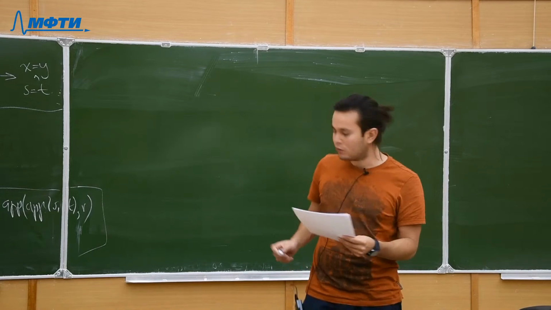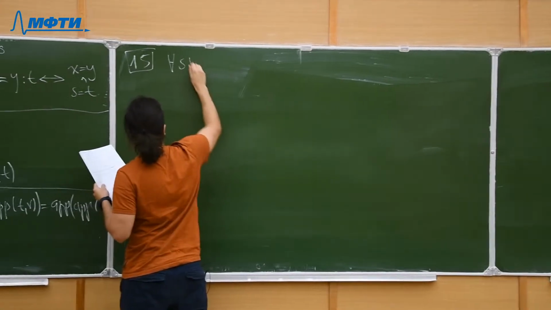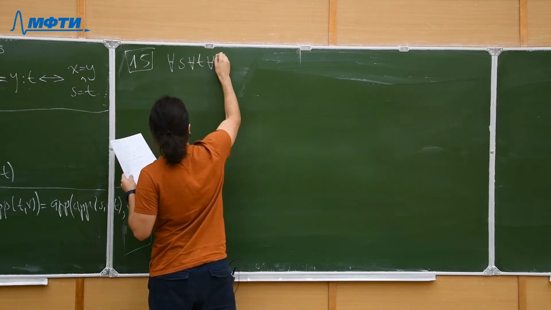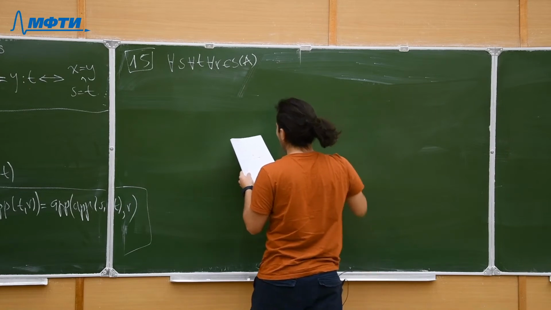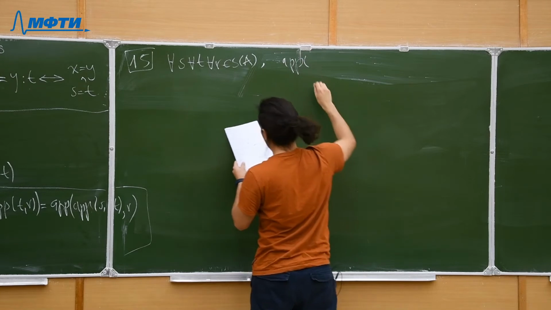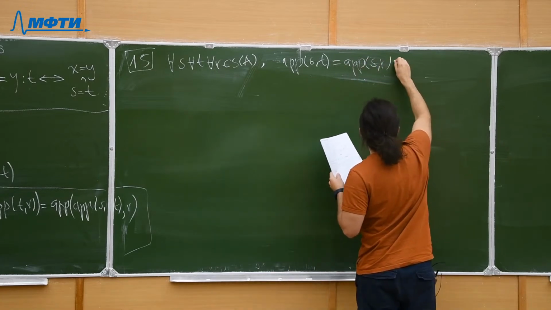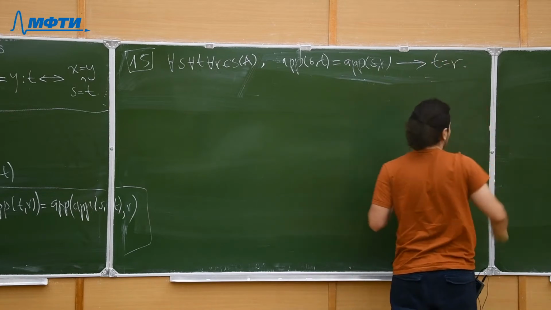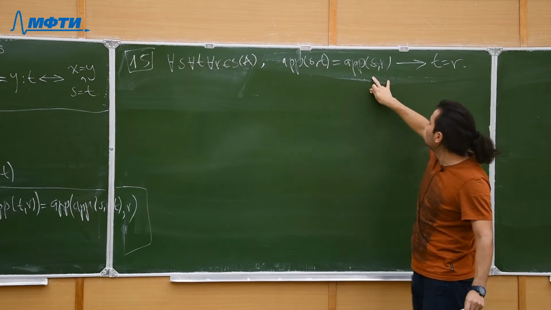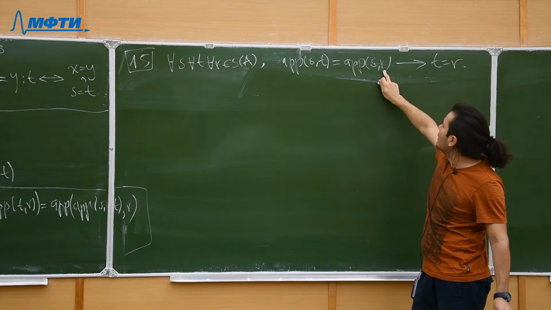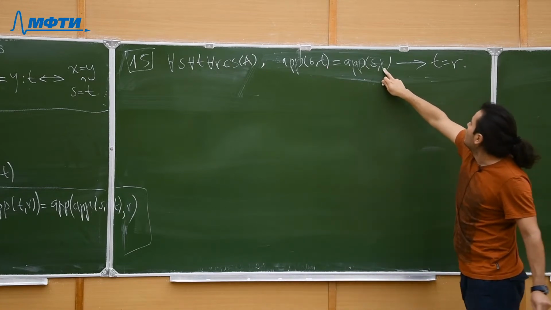Problem 15 said that for all strings S, T and R in some alphabet A, if app(S, T) is equal to app(S, R), then T is equal to R. So if we have app(S, T) equal to app(S, R), since S is the same here, then T is going to be the same as R, the same string.